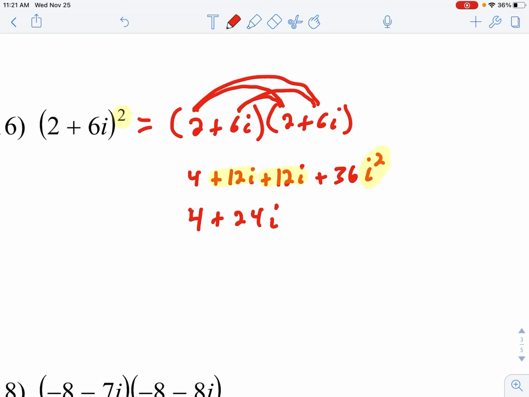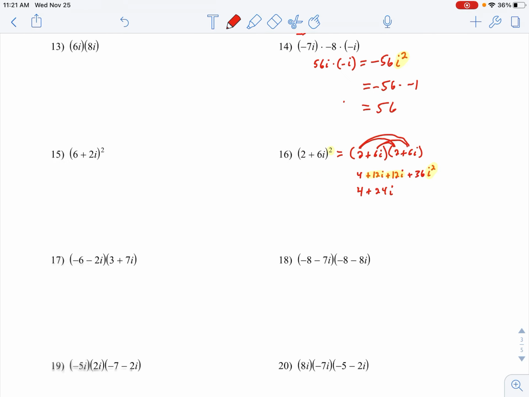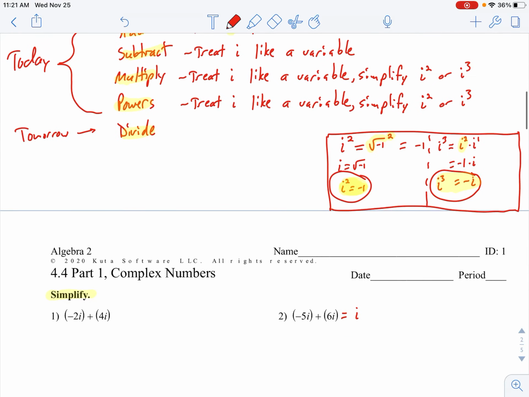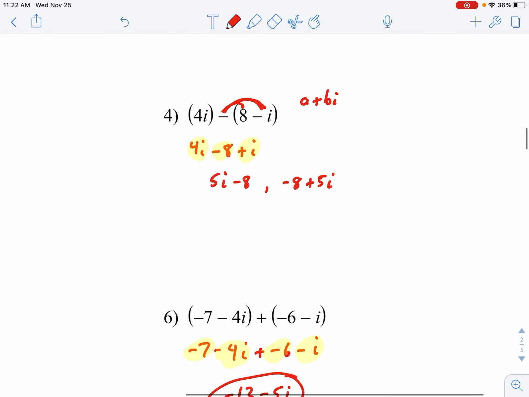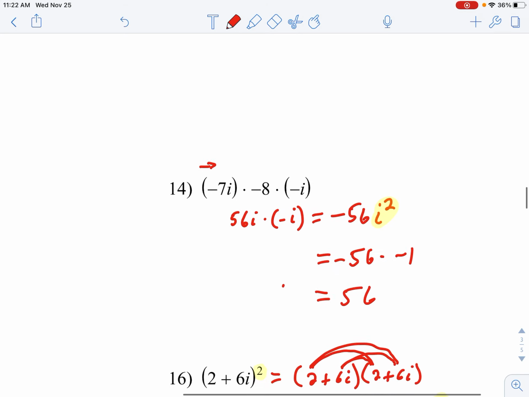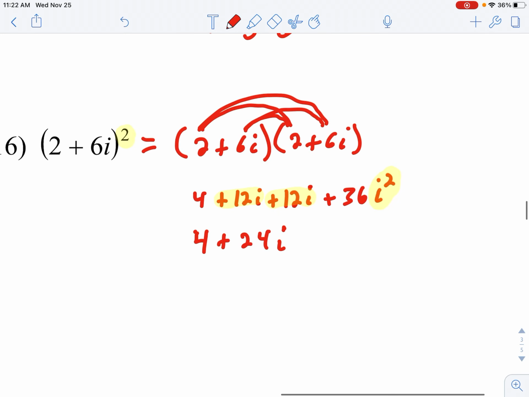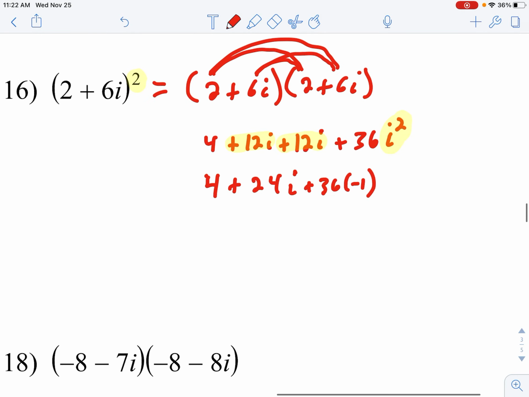But i squared, remember from the last problem, anytime you have i squared, you have to make it -1. i squared always turns into -1. So this becomes plus 36 times -1. So that's 4 plus 24i.